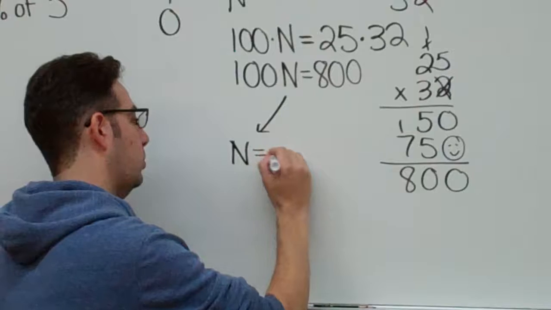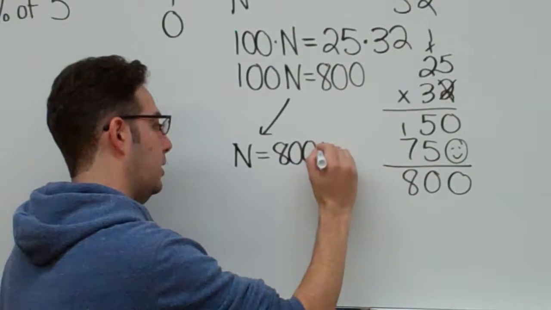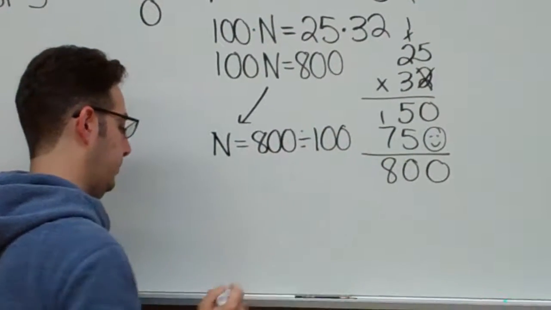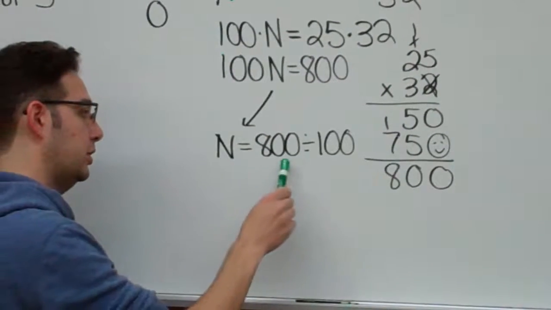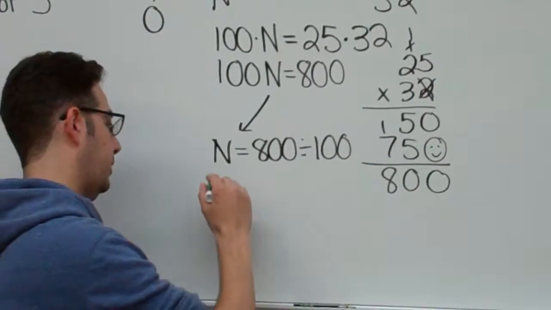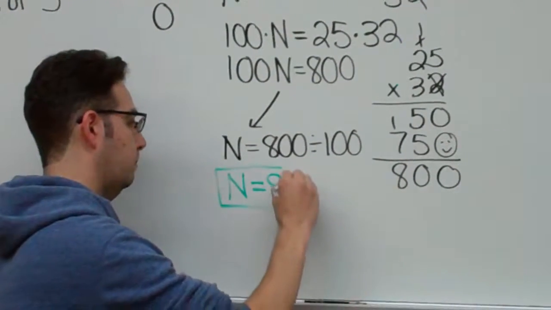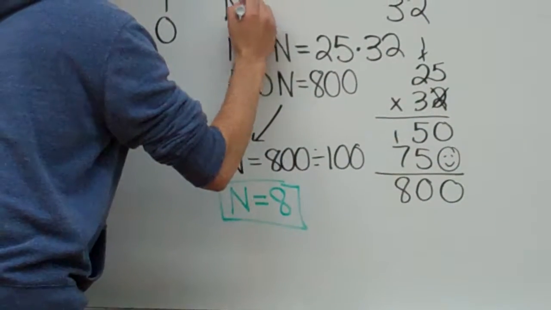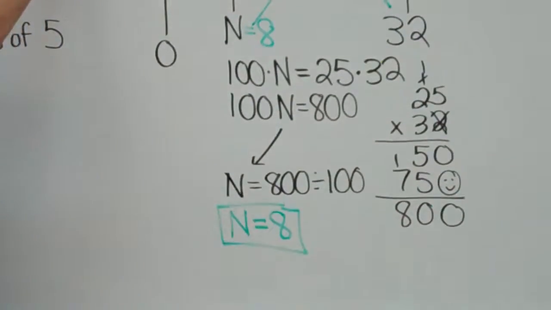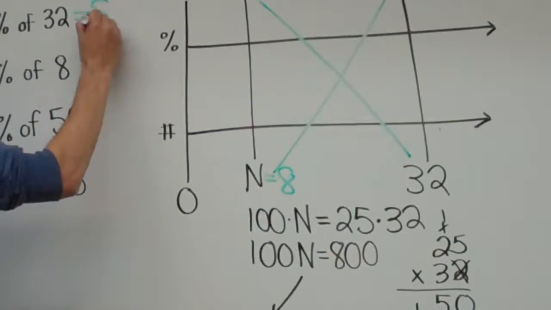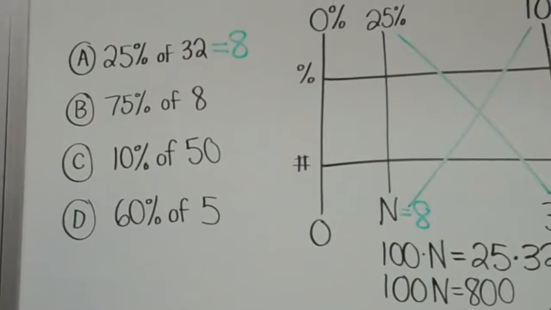N equals 800 divided by 100. You can roll your 100s up to 800. You should be able to do that mentally. The first answer is 8. So I'm going to go up over here. 25% of 32 equals 8.